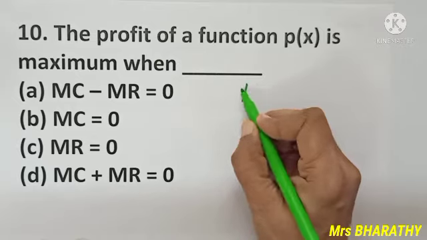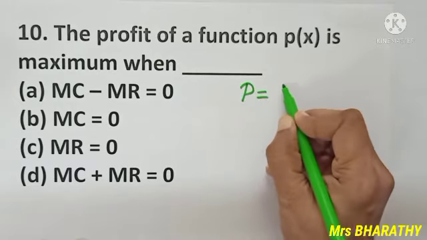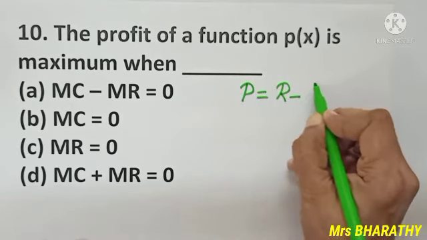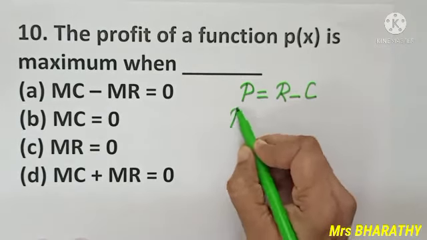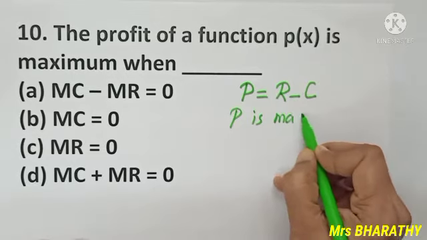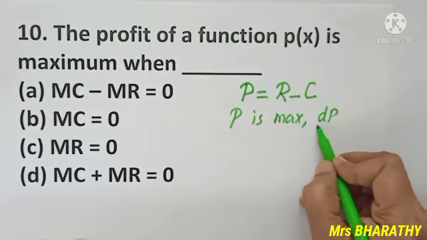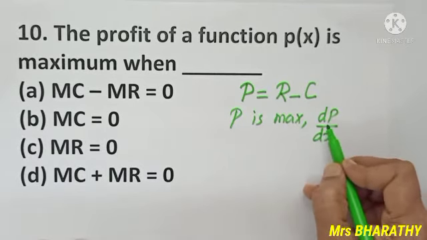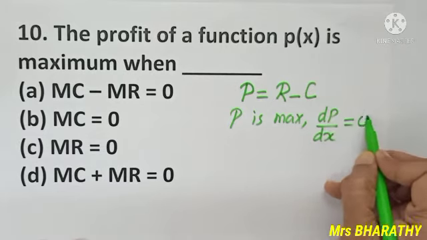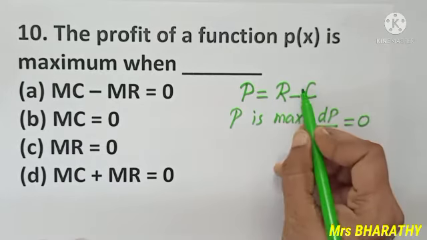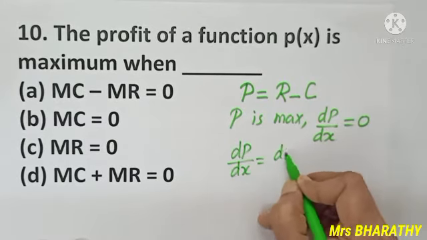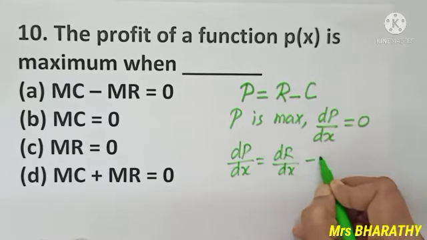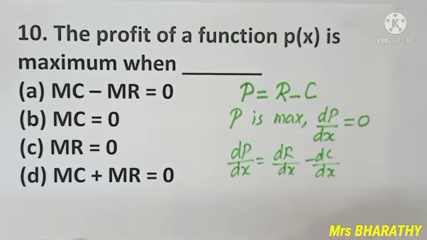We know profit is equal to revenue minus cost. If the function is maximum, P is maximum when the first derivative of profit is 0. So if I substitute, dP by dx is nothing but dR by dx minus dC by dx.